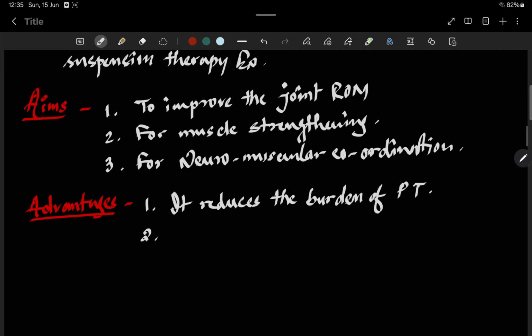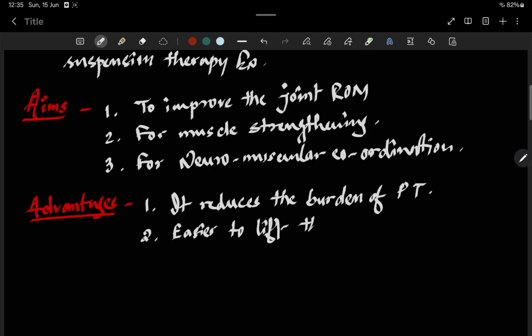Number 2, in suspension therapy, it is easier to lift the limbs.